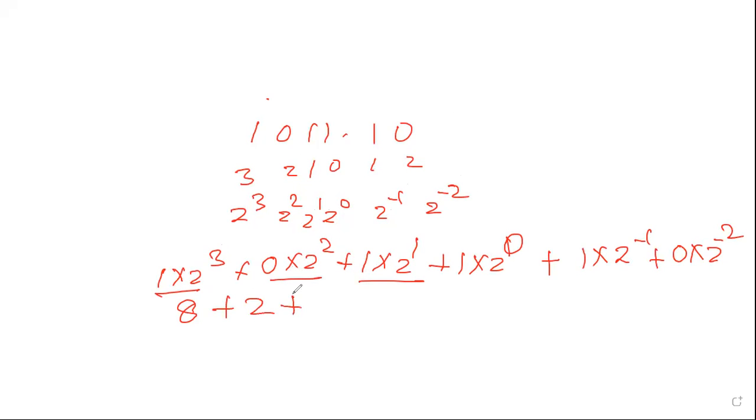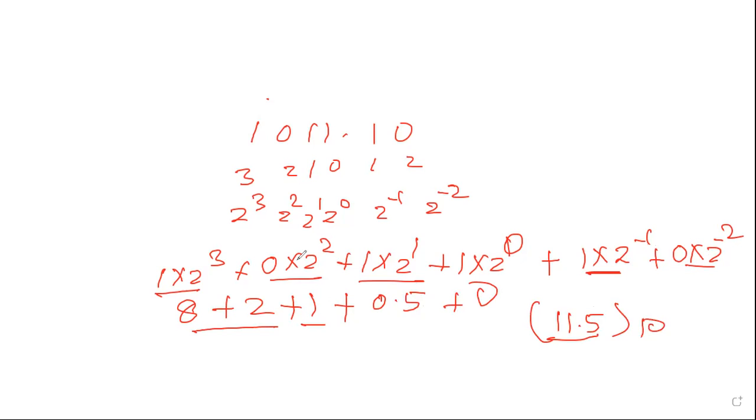Plus 2 plus 1. This is 1 by 2, which is 0.5. So it is 8 plus 2, 10 plus 1, 11, 11.5 in decimal. So this is how we will write it: 1011.10 in binary, the base is 2, is equal to 11.5 in decimal.